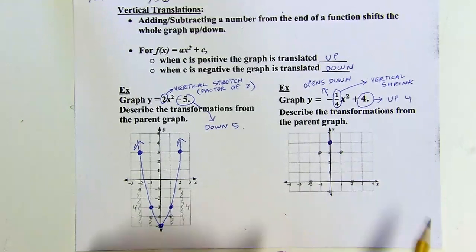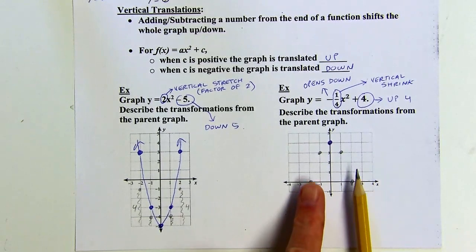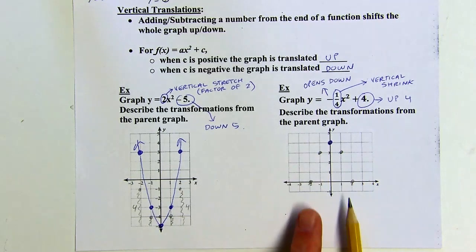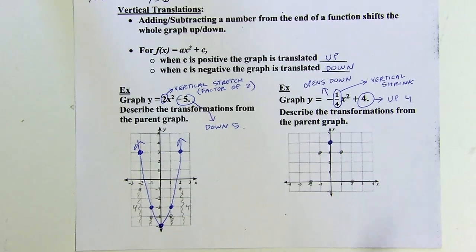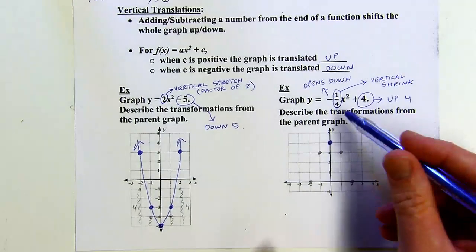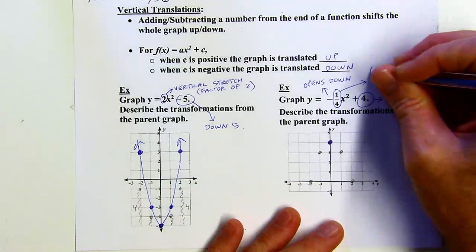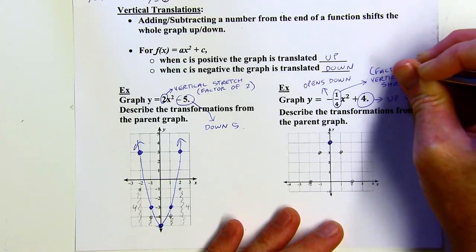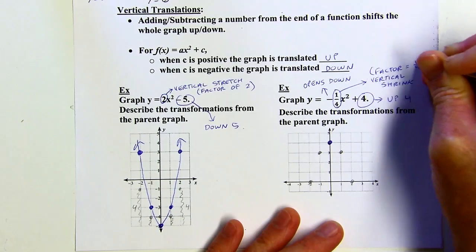Okay? So a vertical shrink, that means these points are going to move towards the vertex vertically. So they're going to move straight up towards the vertex. So since our vertical shrink is 1/4, the factor is 1/4. Okay?